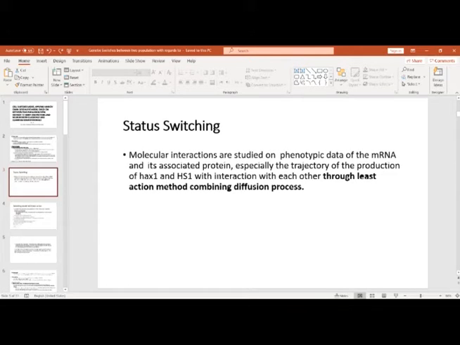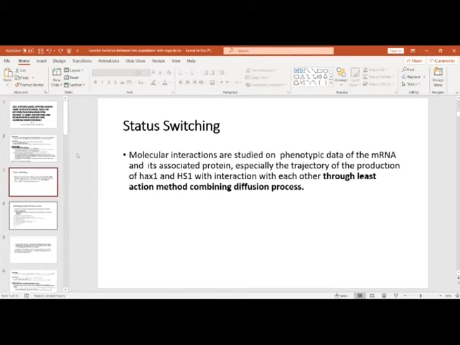The switching is mainly the molecular interactions on the phenotypic data of the mRNA and its associated protein, especially the trajectory of the production of HEX1 and HS1 with their interaction with each other.